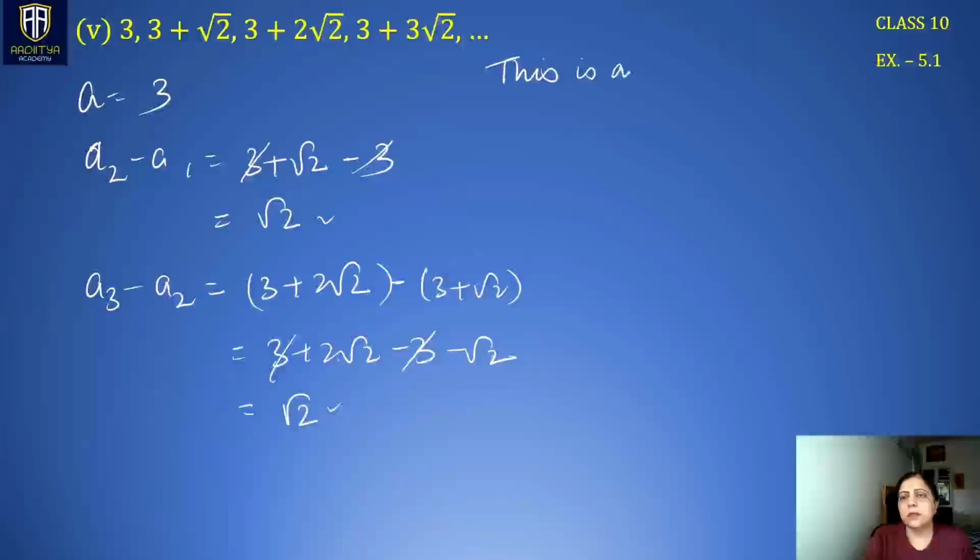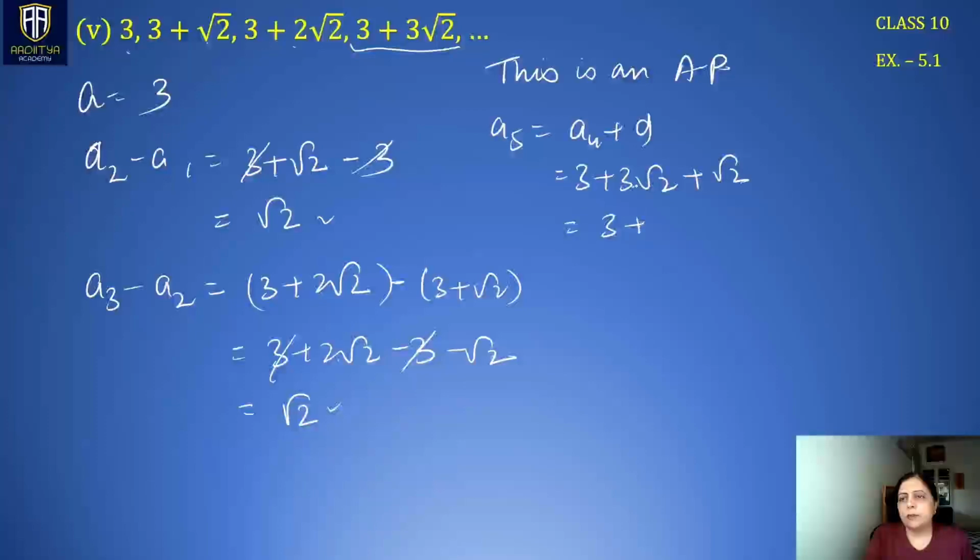This is an AP. Now 1, 2, 3, 4. So we have to find A5, which is A4 plus D. A4 is 3 plus 3 root 2. D is root 2. 3 plus 3 root 2 and 1 root 2 makes it 4 root 2.